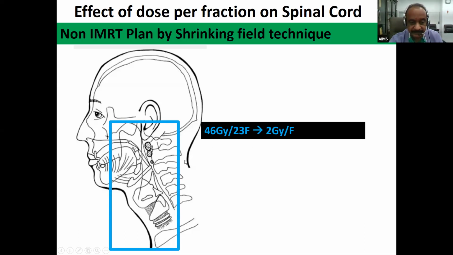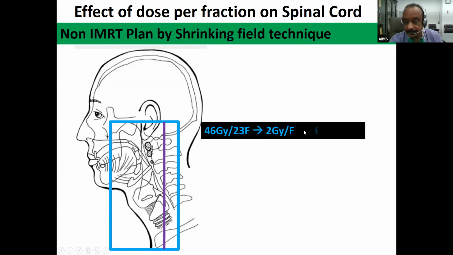Now, after 46 gray, you will reduce the posterior portion of the radiation field so that the spinal cord is out of the radiation portals. Why? Because this is the tolerance dose of the spinal cord.